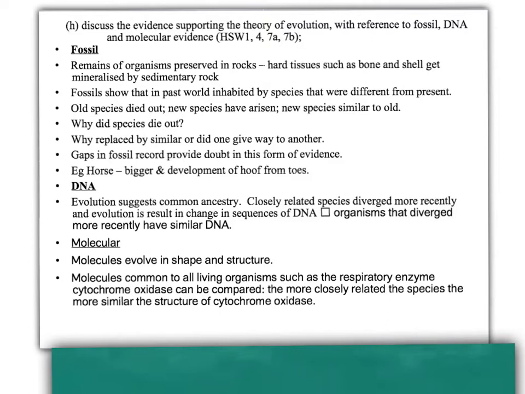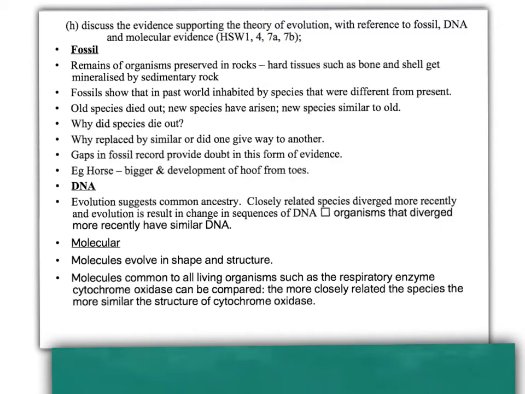We can look at all sorts of interesting aspects of evolution, such as the evolution of the horse from smaller organisms with toes to larger organisms, where the middle toe has evolved and changed into a hoof structure, which allows the organism to run faster and therefore escape predators.